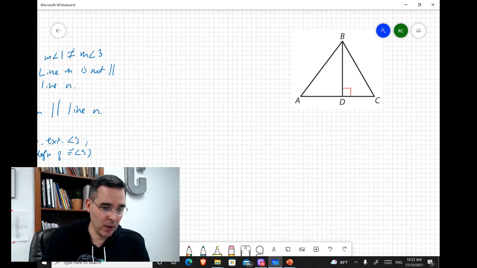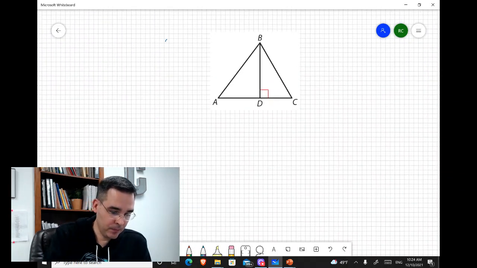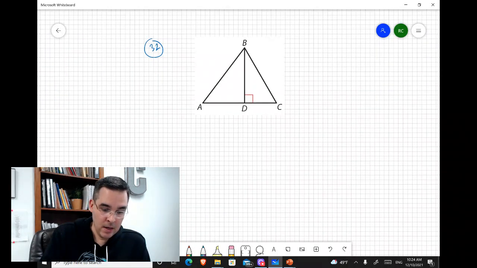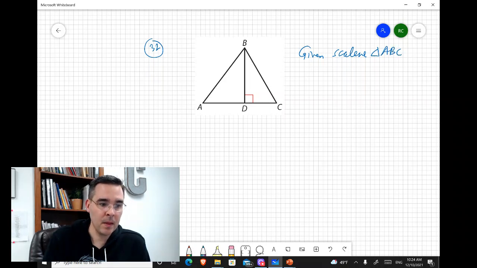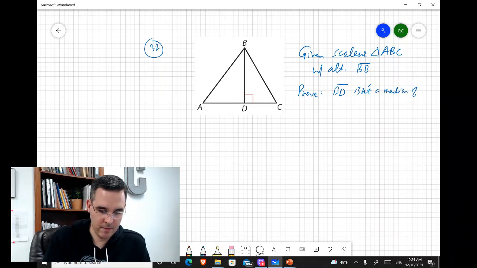Let's move over to question 32. I am given a scalene triangle ABC with altitude segment BD, and I want to prove that BD isn't a median of the triangle.